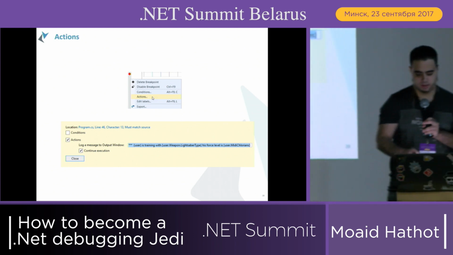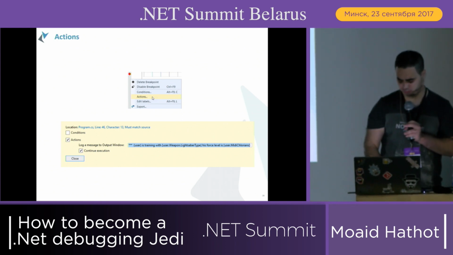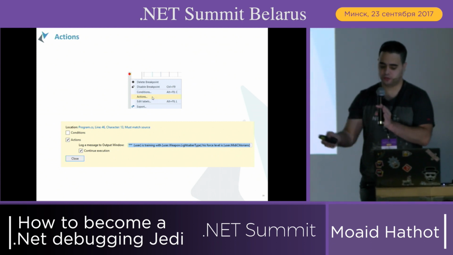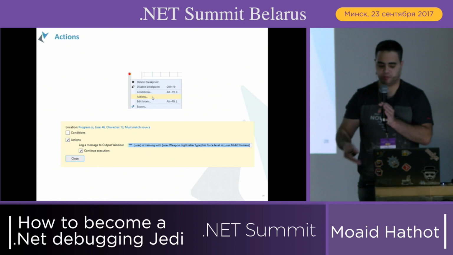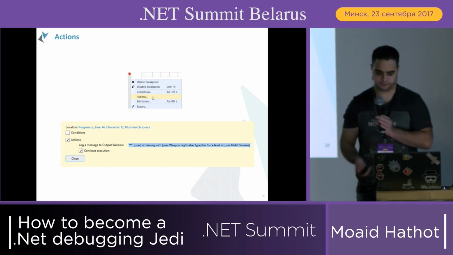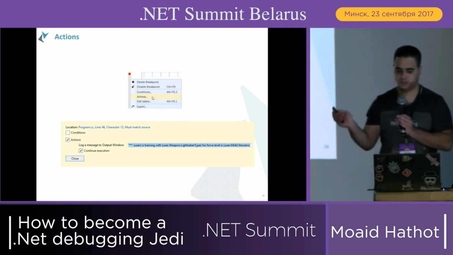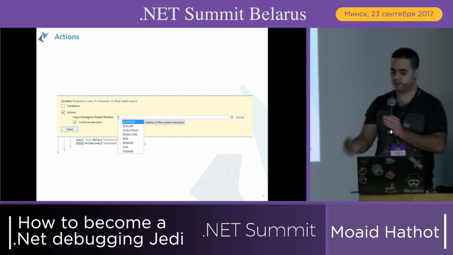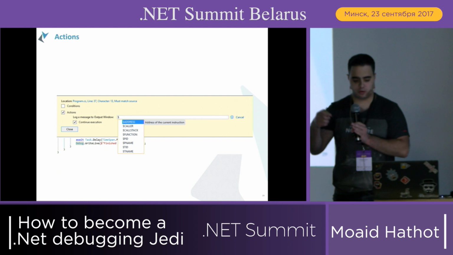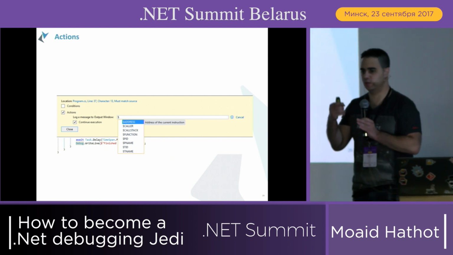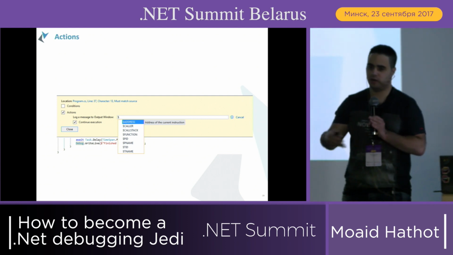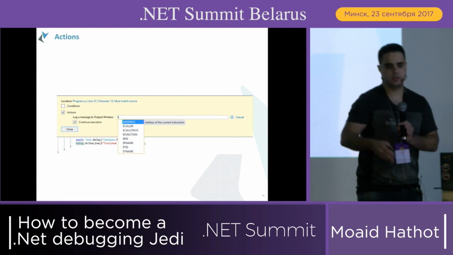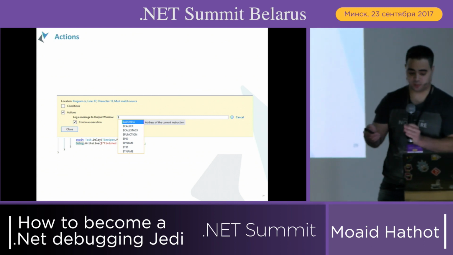So for example, in this example, I have a Force user, and I'm just printing some information regarding a Force user. But we have something that is even cooler than that. We can also use some special variables, like a call stack function, so we can determine from where we reached this code, this breakpoint.